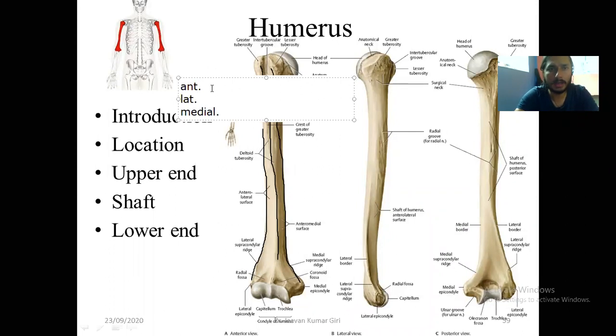The anterior border begins from the posterior aspect of the greater tubercle. Then in the lower part it will disappear.